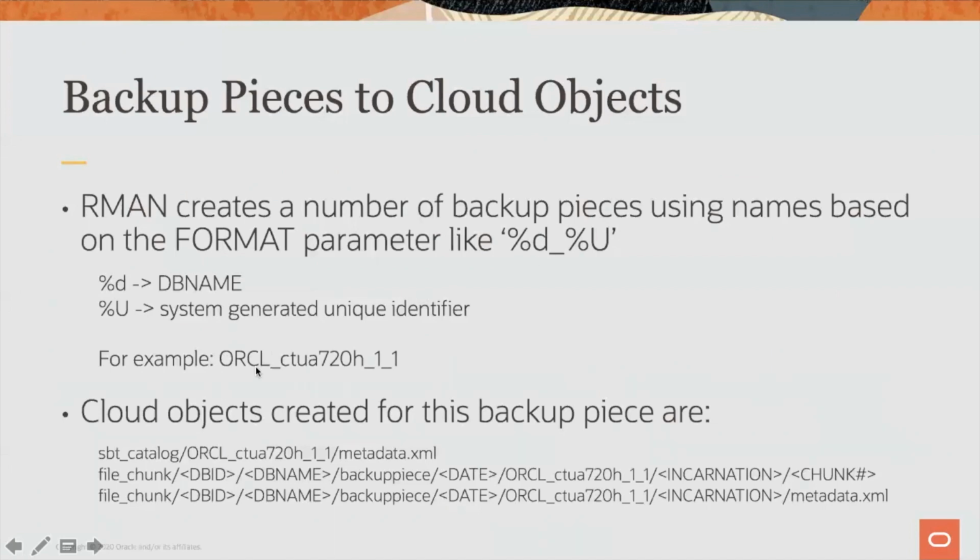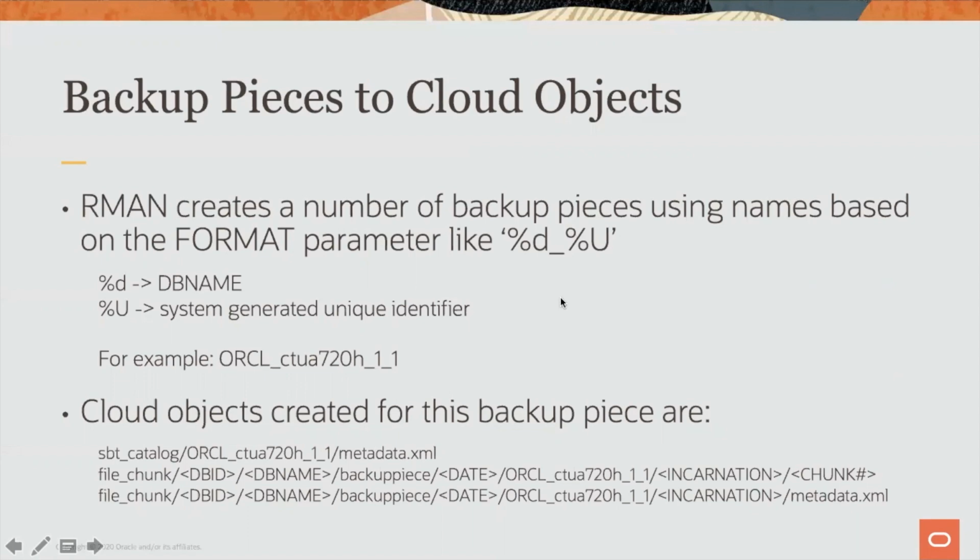So percent d is the DB name, and percent U is a unique identifier that is automatically generated. In this way, you have the guarantee that you're not going to end up with two backup pieces that have the same name, which would obviously be a conflict and a problem. So it guarantees unique object names.